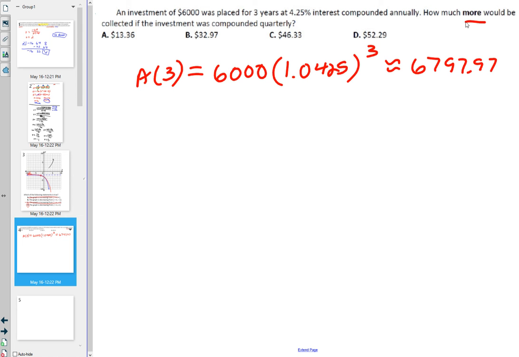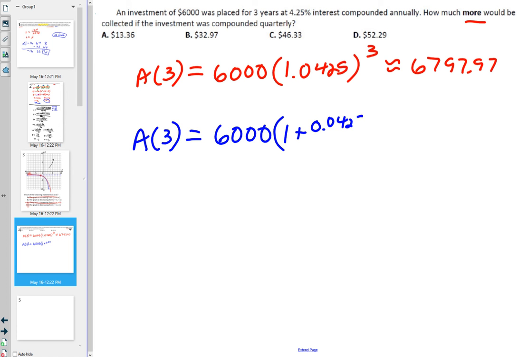But then now if they did compounded quarterly, what number do we associate with quarterly? Yeah, so in this one we have to start off splitting the rate with the 1, because we have to divide only the rate by 4, but then multiply the 3 times 4, which gives me 12. So 0.0425 divided by 4 plus 1 to the 12 times 6,000.